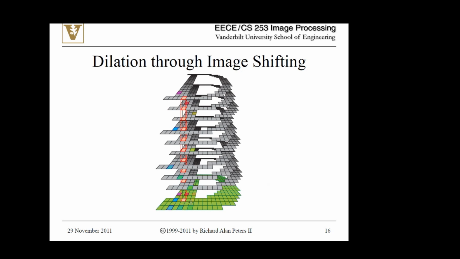And then you shift the input image to the location of the kernel. So this is the first shift. The central pixel goes there, and that's fine.